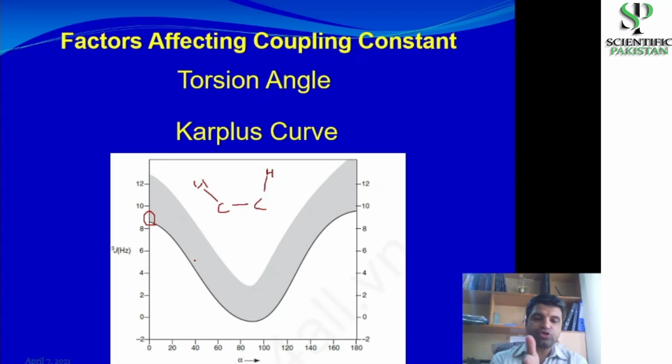And when the torsion angle reaches 90 degrees, the J value is almost 0. That is when they cannot couple with each other. And as soon as it goes beyond 90 degrees, it starts increasing, and at 180 degrees, the coupling constant value again is maximum. So if the two protons are at 90 degrees from each other, then the coupling constant value would be minimum.